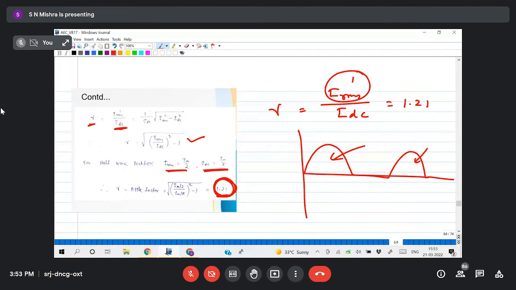So two things we have observed here. One is efficiency is very low, less than 50%, and we require DC, but in my DC I am ultimately getting more AC. So in both cases it is a negative point or demerit. So generally we avoid this half-wave rectifier circuit.